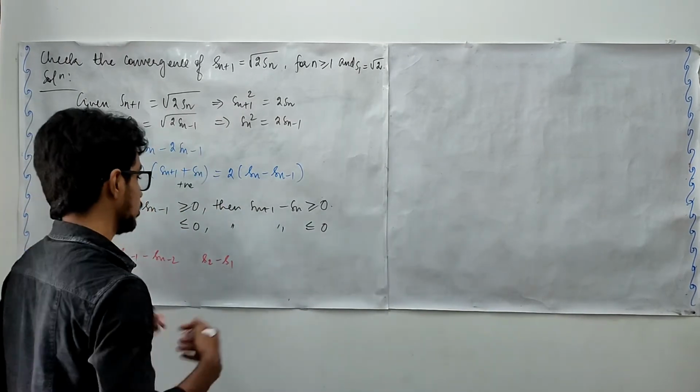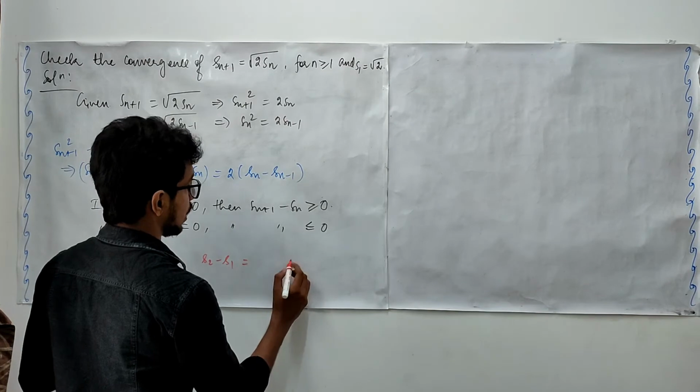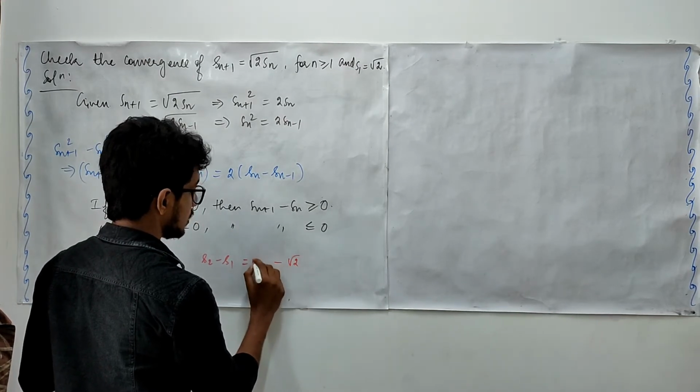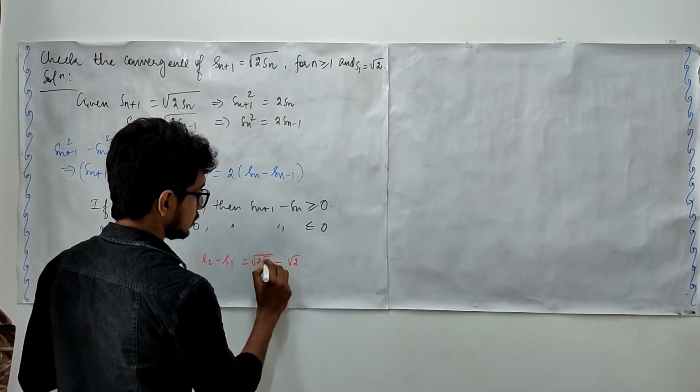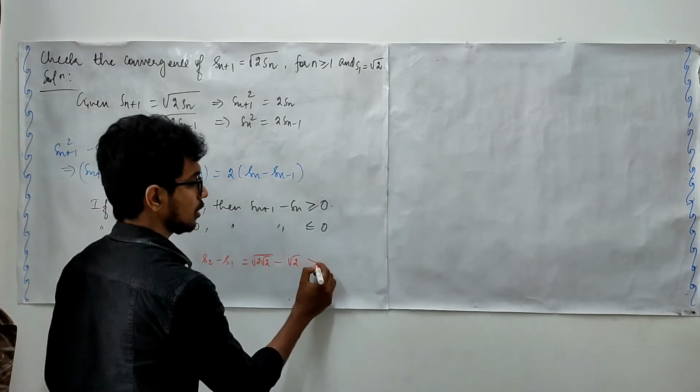Okay. What is S2? We know that S1 is under root 2 here. S2 is this quantity, right? So we know that it is positive.